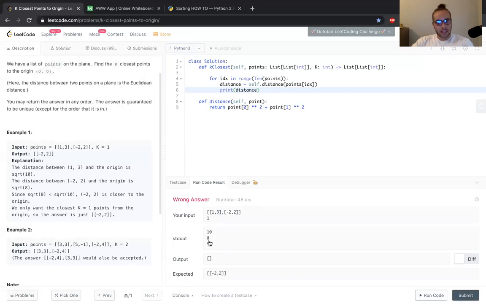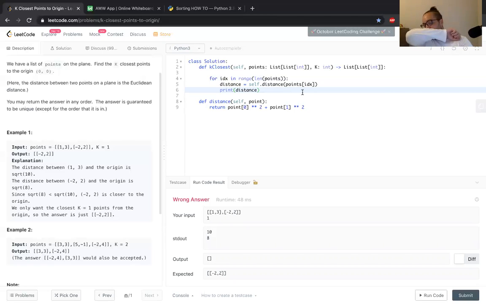But wait a second. We don't actually have a way of associating 10 or 8 with their respective values, right? So how are we going to tell the computer that the number 8 is associated with the point -2, 2, or the number 10 is associated with 1, 3?